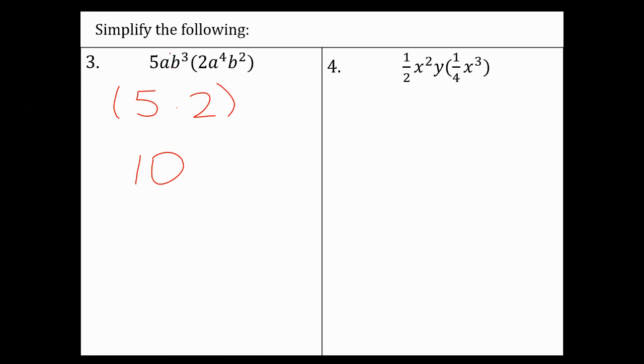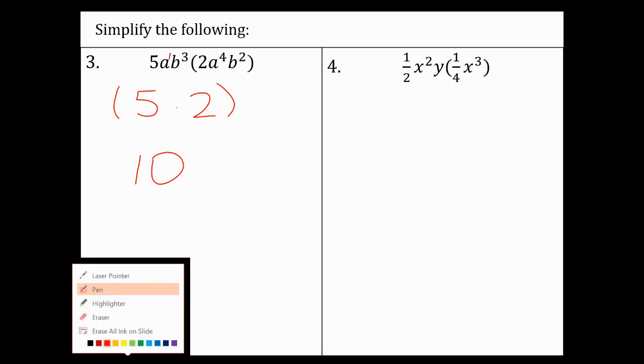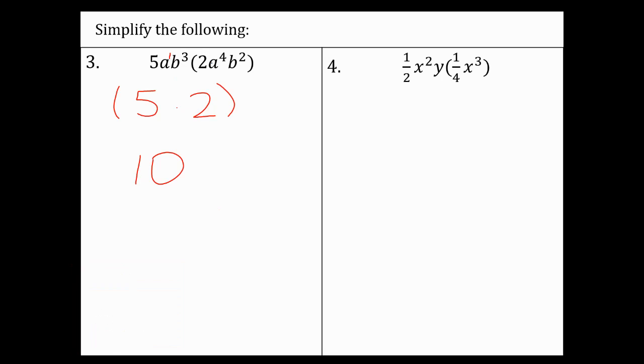So remember, if there's no exponent written, there's a little invisible 1. So I'm only going to add the exponents of a. I'm going to pretend that the b doesn't even exist right now. So we have 1 plus 4, that gives us 5. So this becomes a to the 5th power.